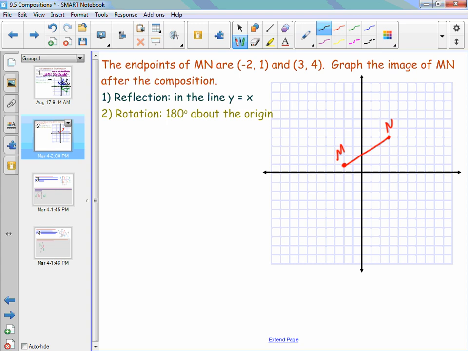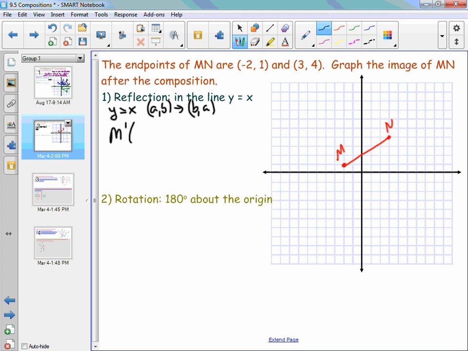Number 1, reflection over line y equals x. So if we remember y equals x, (a, b) becomes (b, a). So M prime will be the point 1, -2, and N prime will be the point 4, 3.